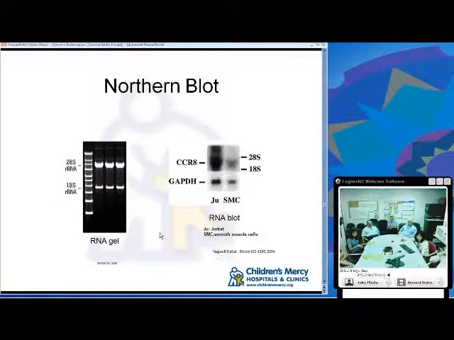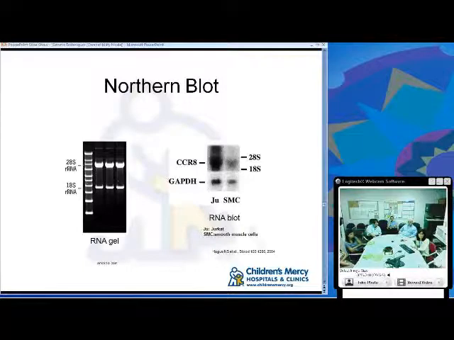Now with an RNA gel, unlike the DNA gel, what you would see are the two most prominent species of RNA in your sample, which is the ribosomal RNA. For humans, it's the 28S and the 18S. These are the things you would see on your gel, and again you would have a molecular weight marker.